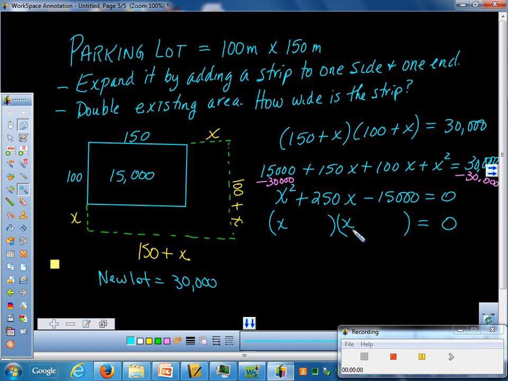Okay, how do I get factors of 15,000? Yeah, start thinking easy. What are factors of 15? 5 and 3, or 1 and 15. Okay, but you just have to get the right number of zeros on it, because we have to end up with 3 zeros. And we want a 250 in the middle.